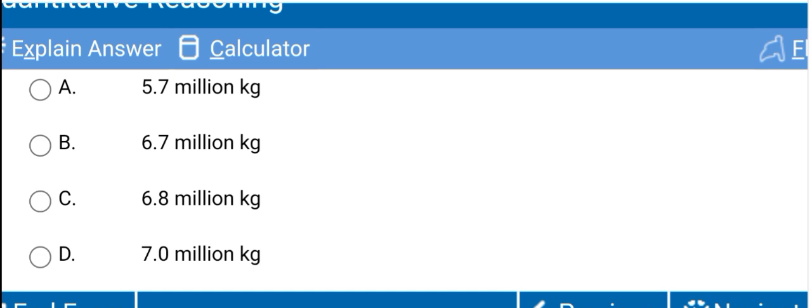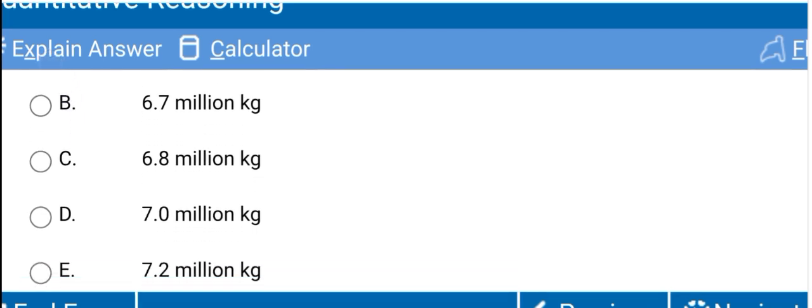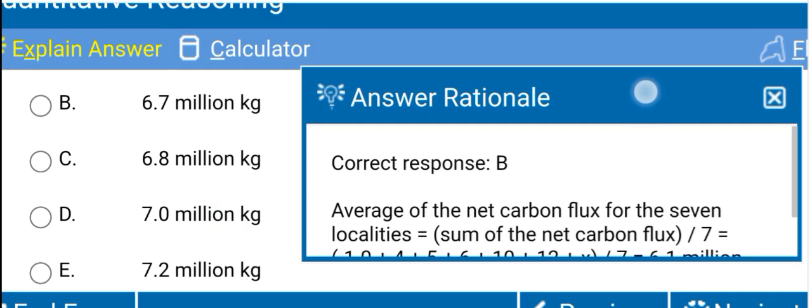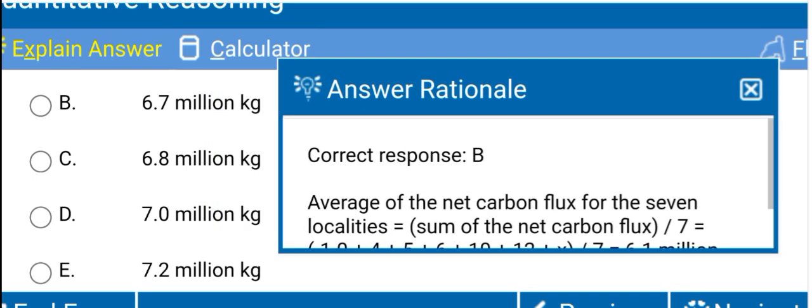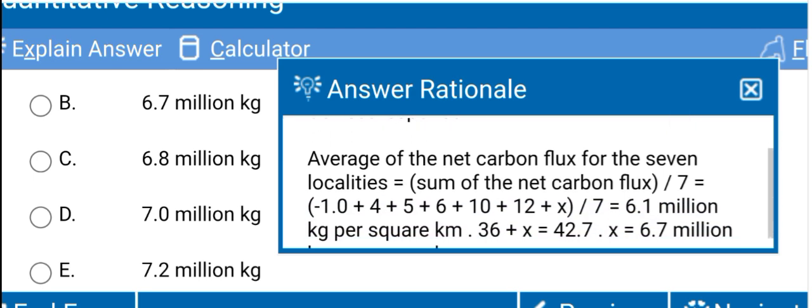Option D, 7 million kilogram. And then we have option E, which is 7.2 million kilogram. Correct response is option B.